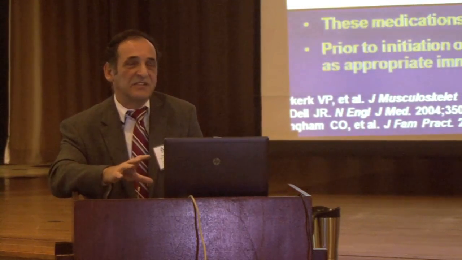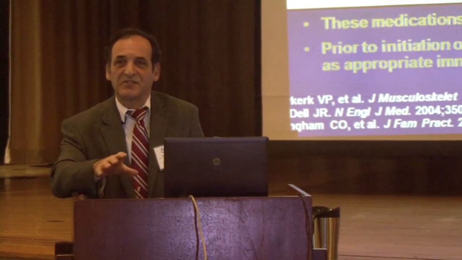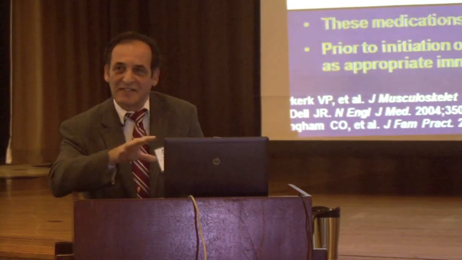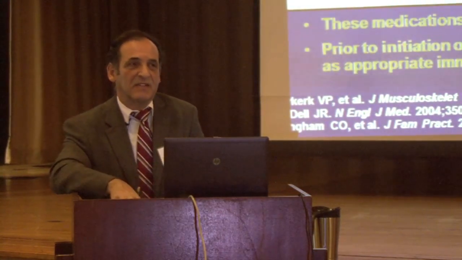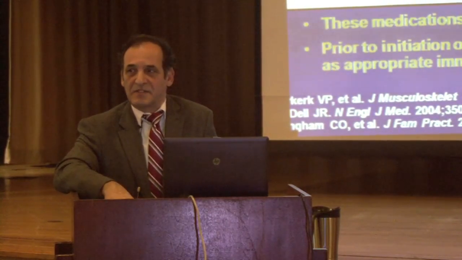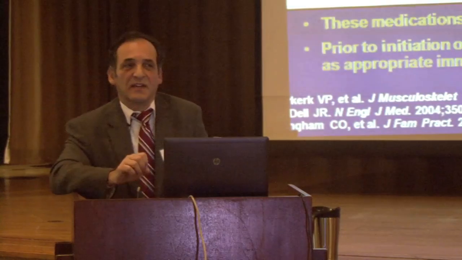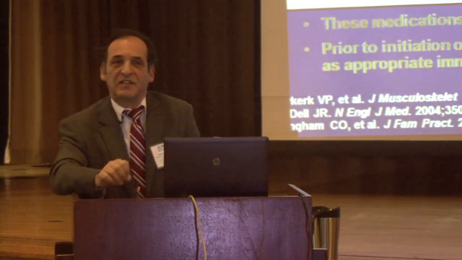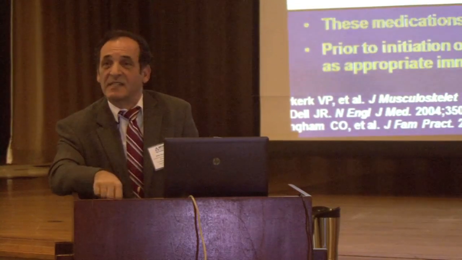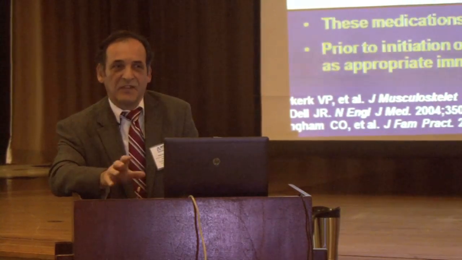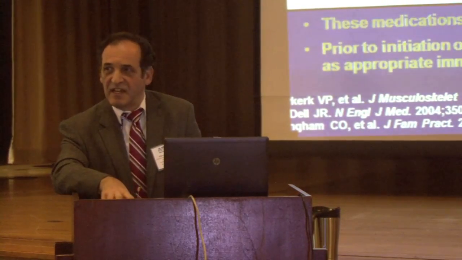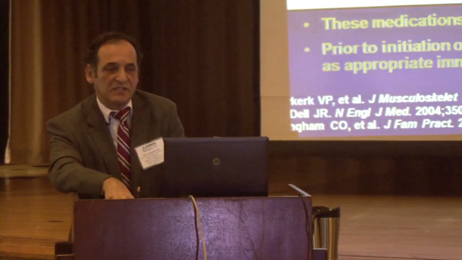There's recent data to suggest they lower the risk of cancers, even though when you read the warnings on these medications, there is a warning about the possibility of these medications encouraging cancer. Recent data suggests the opposite. Just this week, an article came out showing that they decreased the risk of rheumatoid arthritis patients developing diabetes. So these medications have a profound effect directly on the disease and also on some of the indirect consequences of the disease.